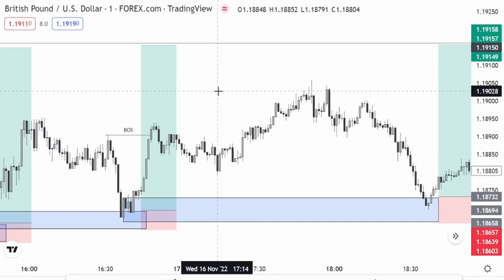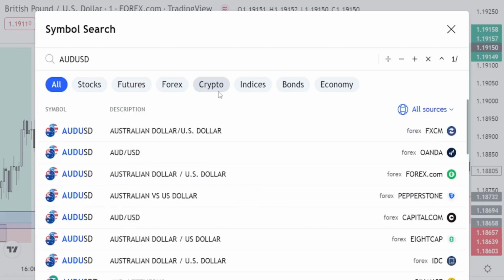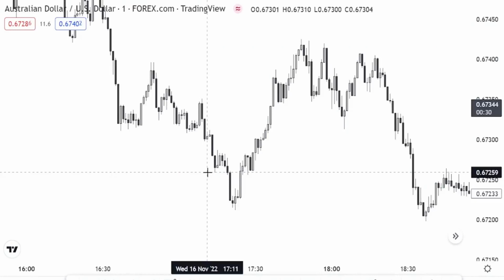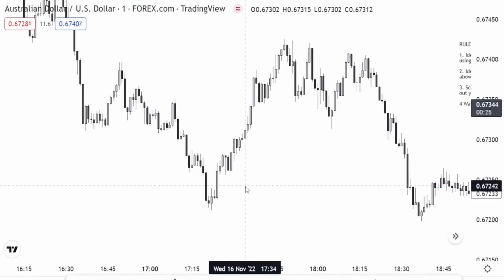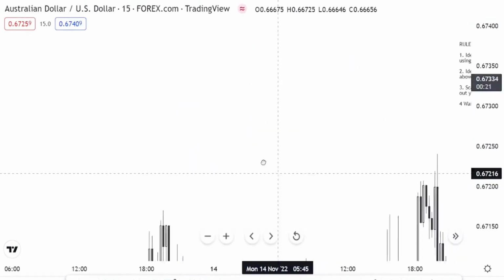Now that is about this pair. Maybe we can check one more pair. Let's check AUD USD and see what we have there. Let's get to the 15M first, so that we know what we are doing.